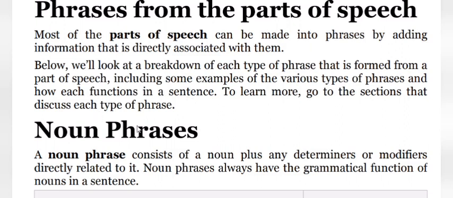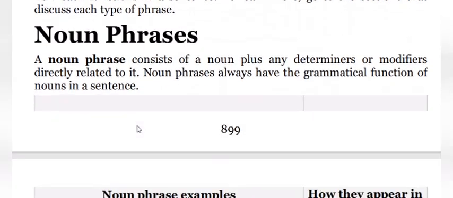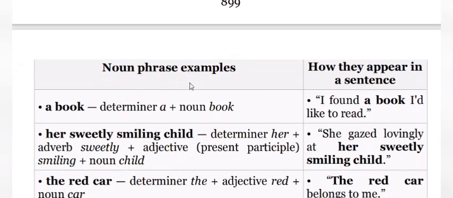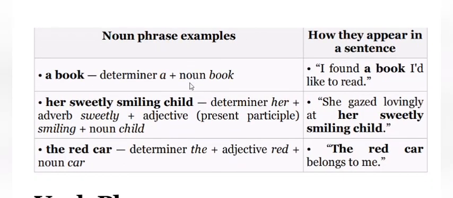Now, we will describe first of all noun phrases. A noun phrase consists of a noun plus any determiners or modifiers directly related to it. Noun phrases always have the grammatical function of nouns in a sentence. Now, examples of noun phrases.